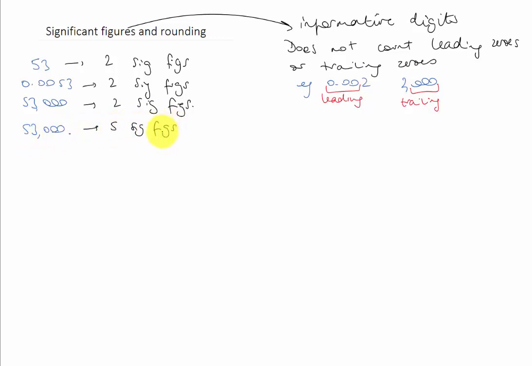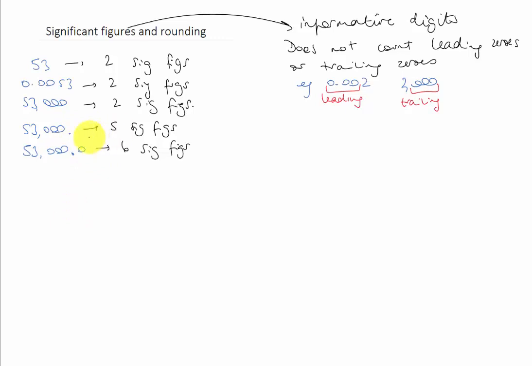Another thing is, if we've got a 0 after the decimal place, again, that means we really mean it. We've measured that properly, it hasn't been rounded, so that would be 6 significant figures.